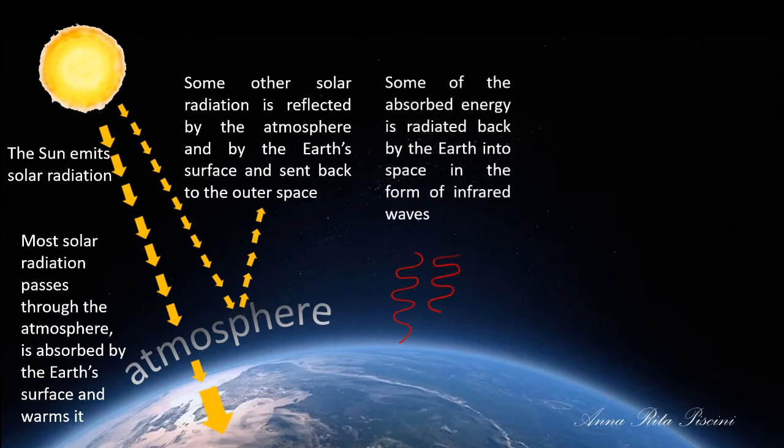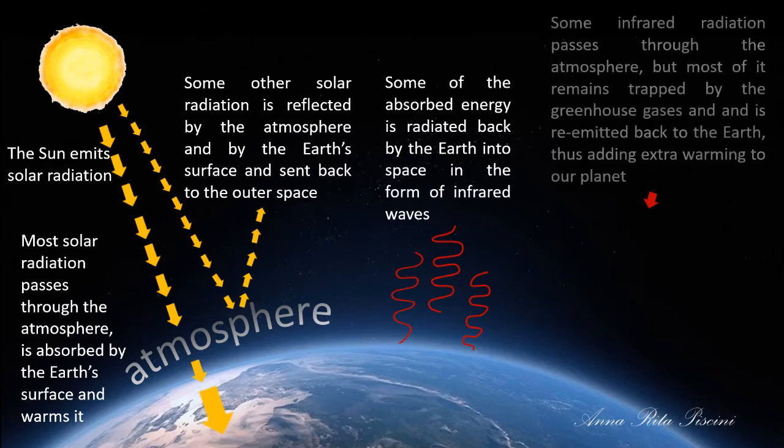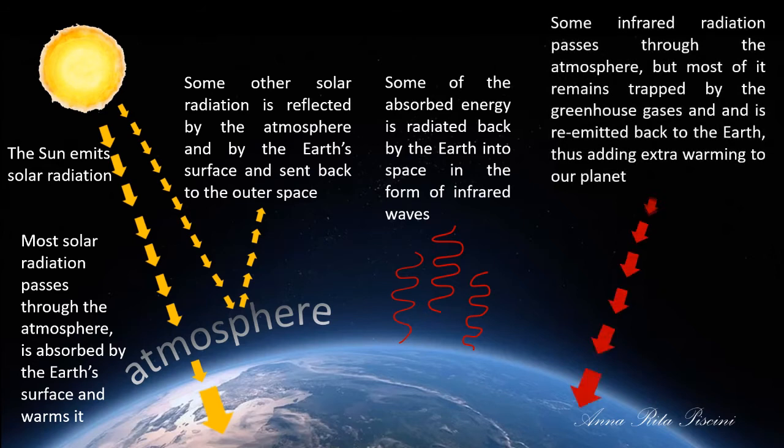Some of the absorbed energy is radiated back by the Earth into space in the form of infrared waves. Some infrared radiation passes through the atmosphere, but most of it remains trapped by the greenhouse gases and is re-emitted back to the Earth, thus adding extra warming to our planet.